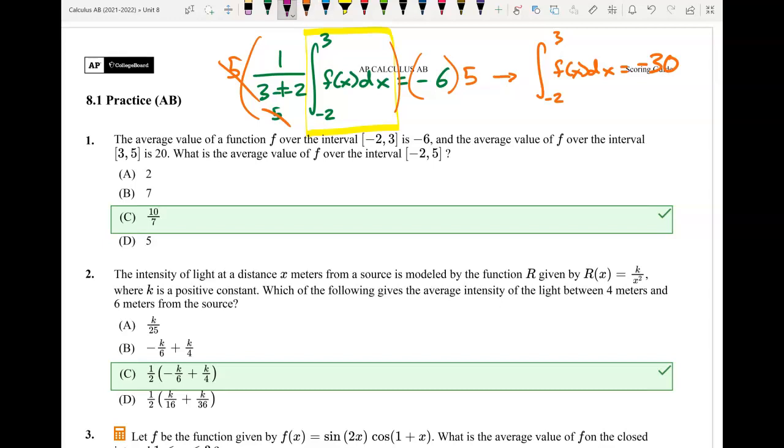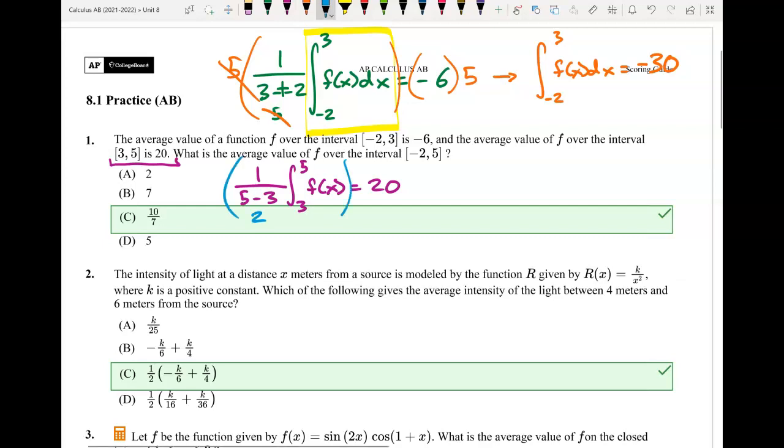All right. Let's look at the next interval that they give us. So 3 to 5 is 20. We're going to do the same thing there. So that is 1 over 5 minus 3 of the definite integral from 3 to 5 of f of x is equal to 20. What's 5 minus 3? 2.